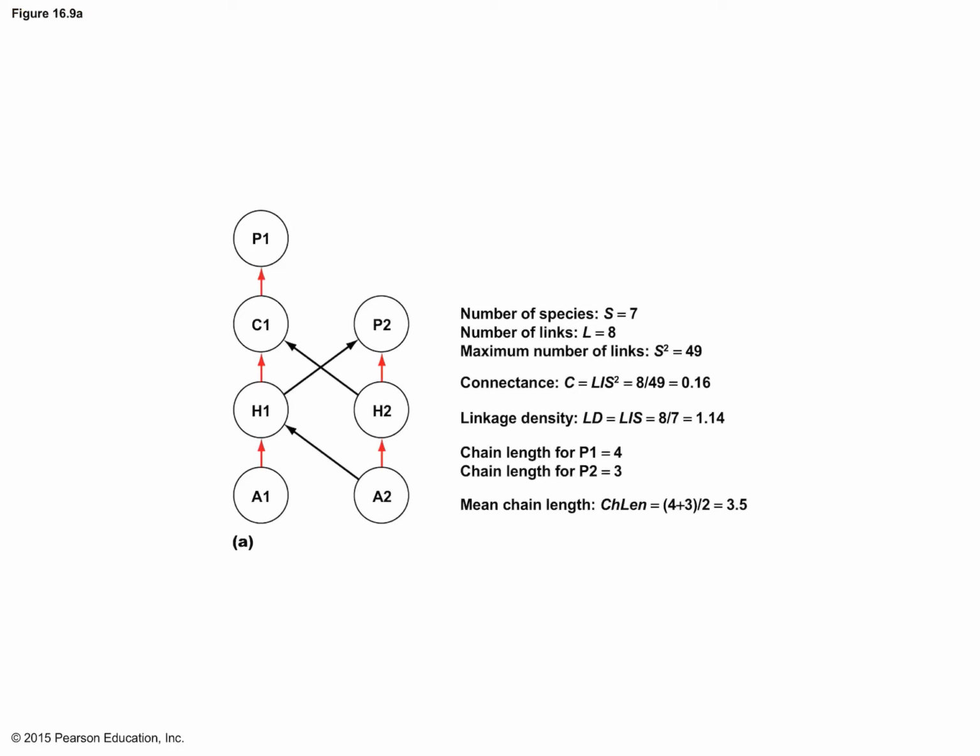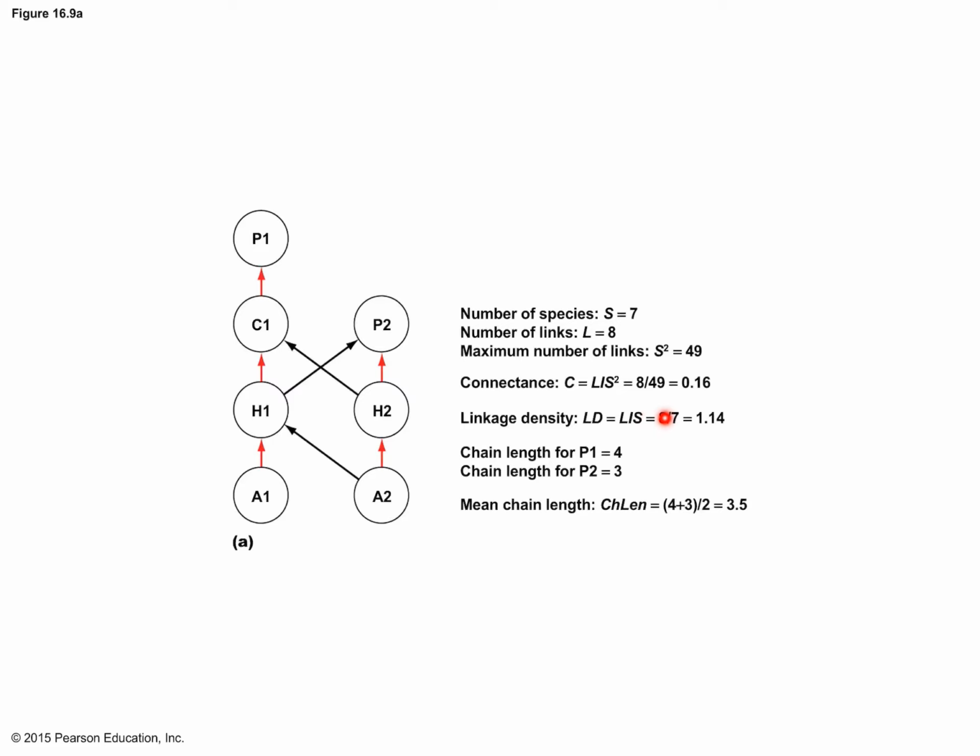So if we look at number of species over here, we have 7. We've already decided we have a total number of links of 8. And in the previous slide, we calculated our maximum number of links as s squared, 49, and our connectance of 0.16. All right. Now, linkage density is going to be the number of links divided by the number of species.